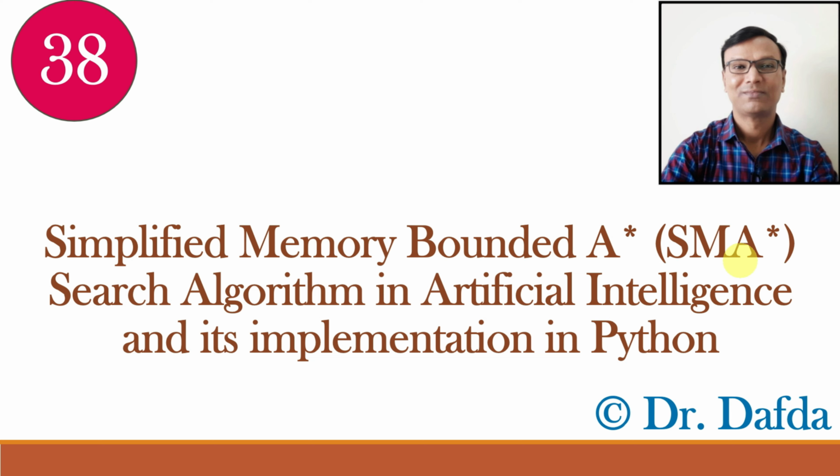But MA star was very complex to implement correctly, while SMA star is a streamlined version of MA star that uses simpler, more direct rules for deleting nodes or pruning nodes and updating parent costs, making it much easier to implement while providing the same memory efficiency. Okay, so let us start.